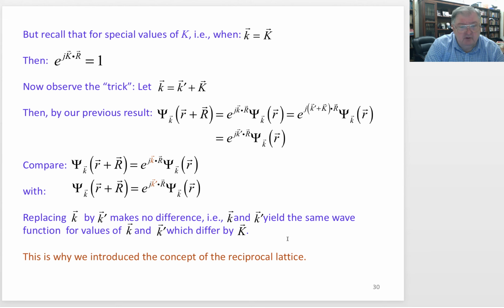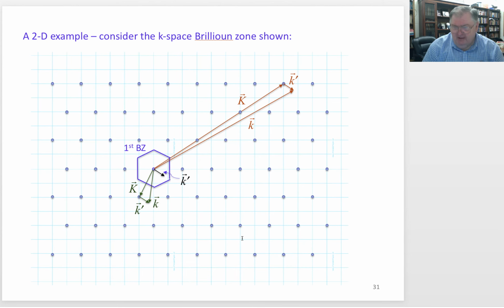K and k prime yield the same wave function for values of k and k prime which differ by the big reciprocal lattice vector K. Maybe a picture will help. Two dimensions again to make the drawing simple. To really explain this fully, we're going to have to go to 3 dimensions, but let's get our understanding here in 2 dimensions.